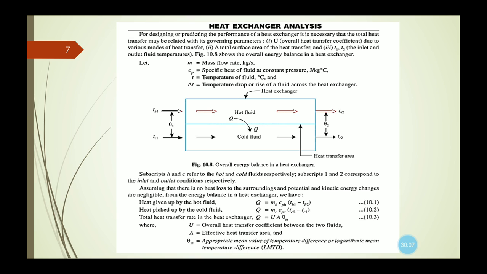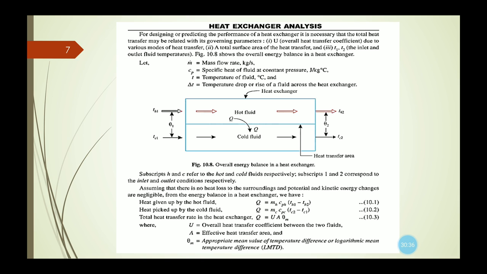So what happens in the case of heat exchanger analysis? What is the equation for the total heat transfer rate? In this diagram you can see the overall energy balance in a heat exchanger. To design the performance of a heat exchanger, it is necessary that the total heat transfer be related to its governing parameters.